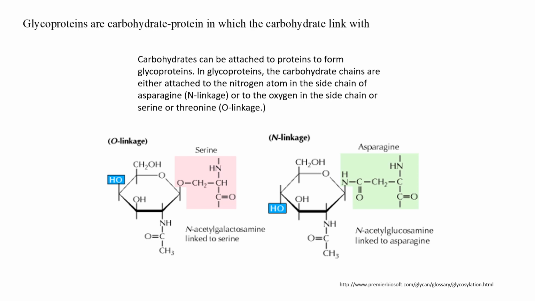So, the amino acids involved in this process can be serine or threonine in case of O glycosylation and asparagine in case of N glycosylation.